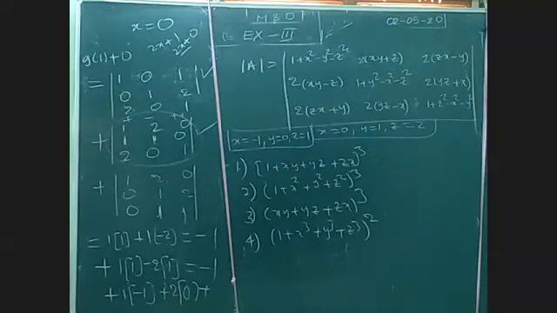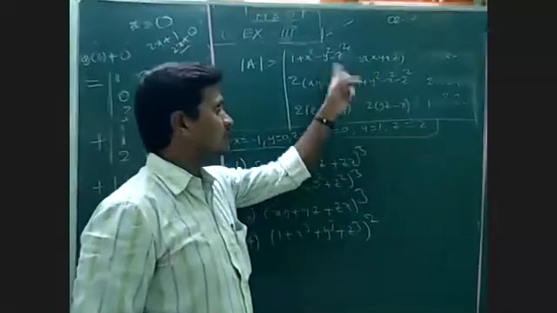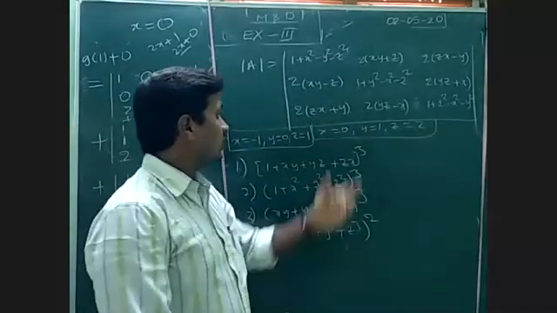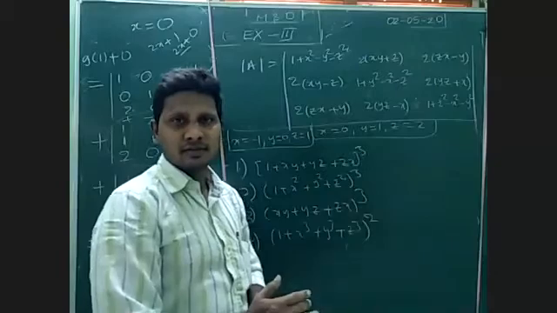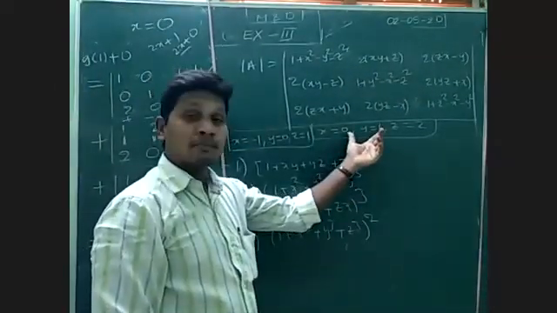All students, do this problem fast. In determinants, especially this type of question, not only in terms of x, y, z, even in terms of a, b, c also, you can try to take different values. Don't expand. Take simple values only.